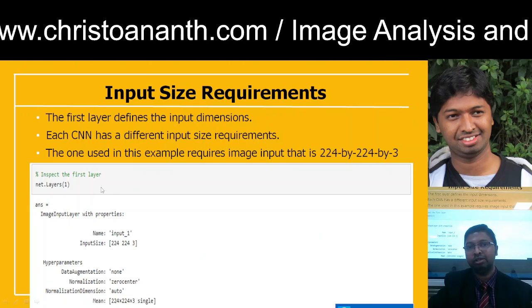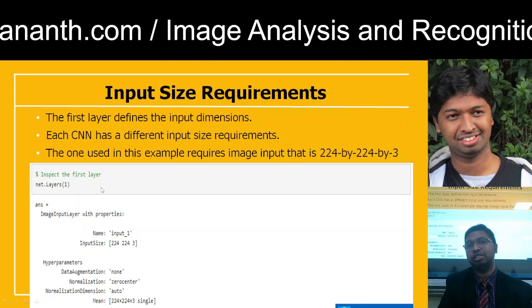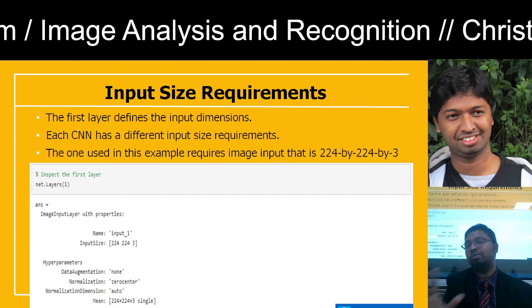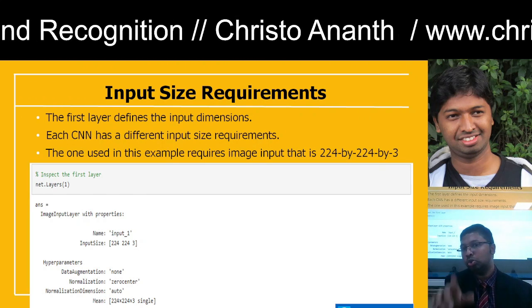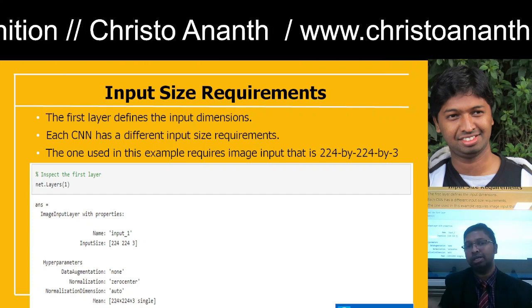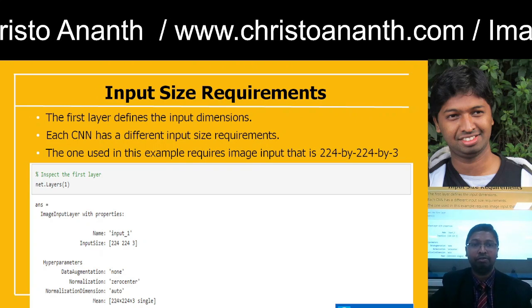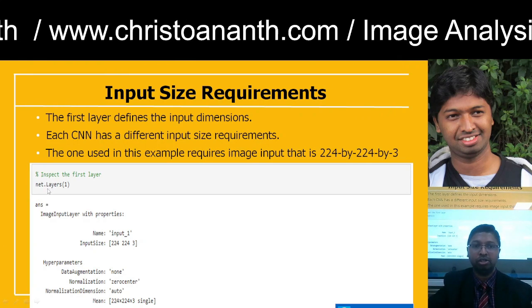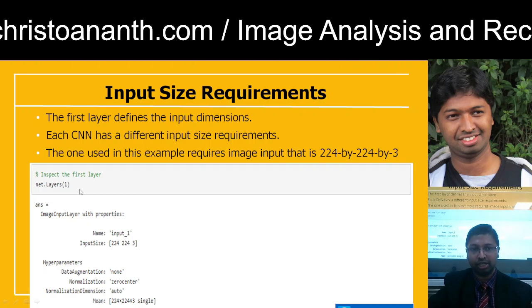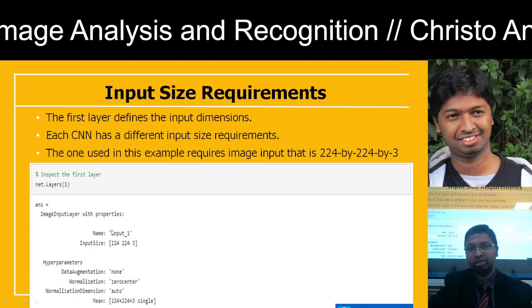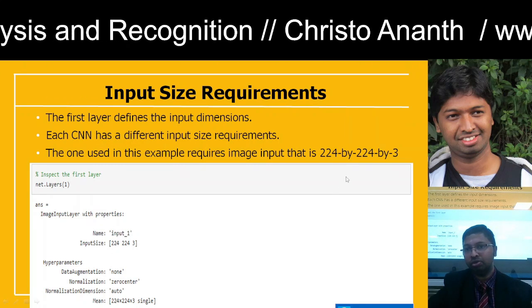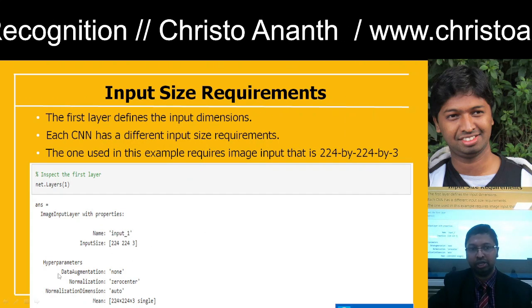For the input size requirements, we have to set the input size dimensions, and every CNN has input size requirements. For example, we will be using 224 by 224 by 3. That is the specification. So here you are going to inspect the first layer, net.layers, and ans is equal to image input layer with the properties. The name is input 1, size 224 by 224 by 3.